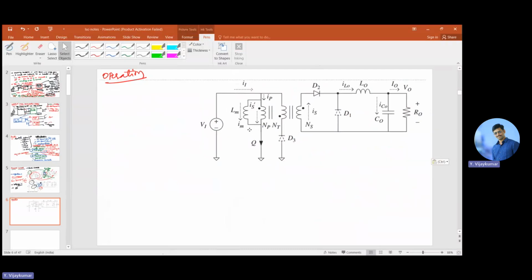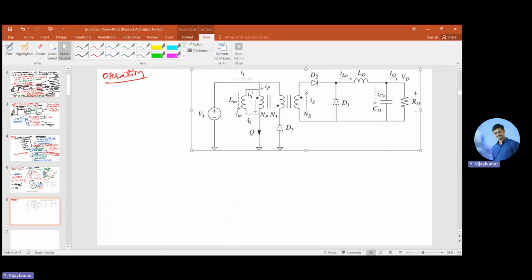When Q is on, the primary winding is magnetized, so the magnetizing current IM is also flowing, because of the magnetizing inductance.